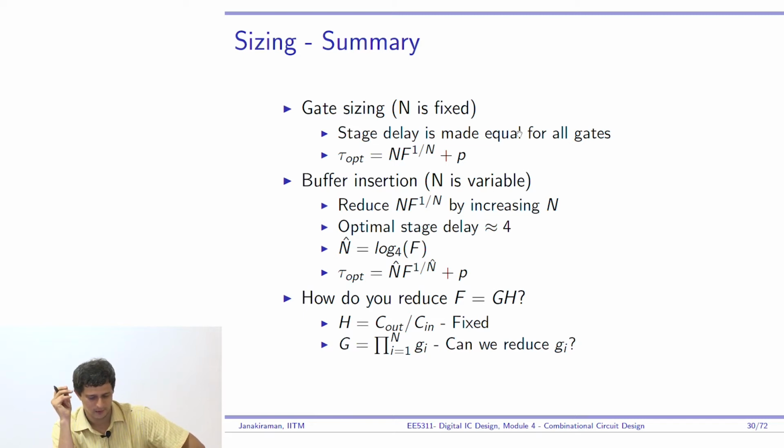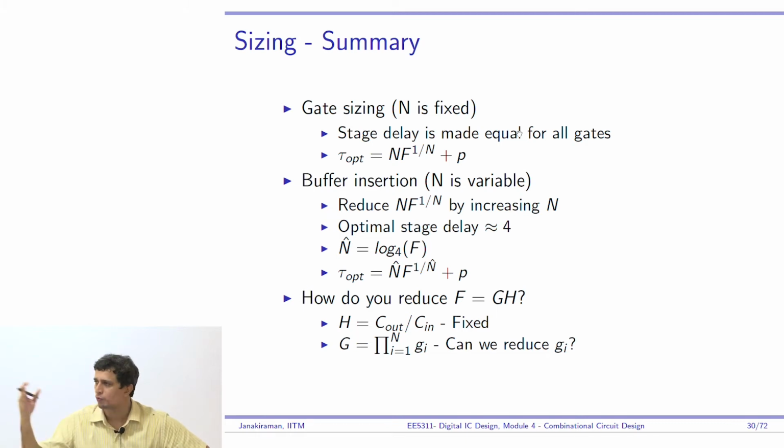That's missing here, right? So further we said that if you want to reduce the delay of your circuit or of your path any further, the only way is to reduce the logical effort, because the electrical effort H is simply output capacitance by input capacitance. It is fixed. Nothing you can do about it. You're given a load, you're given the first gate's input capacitance.